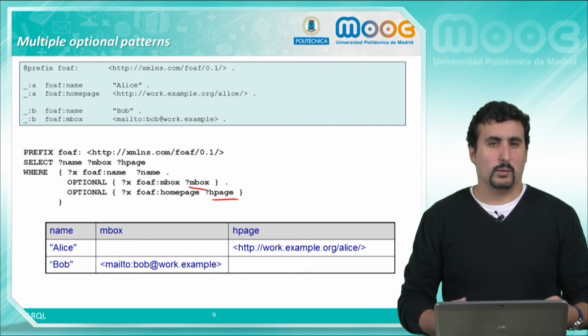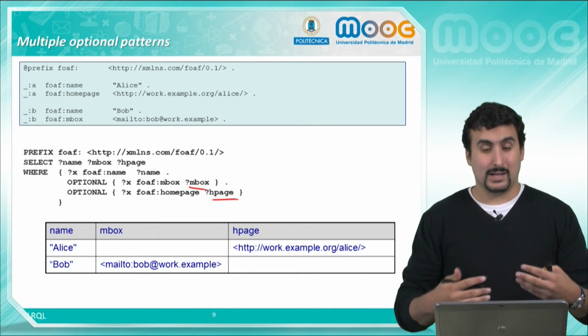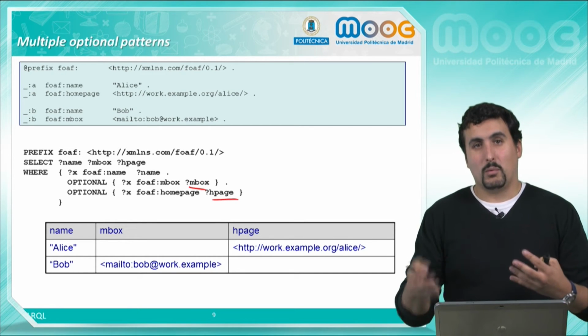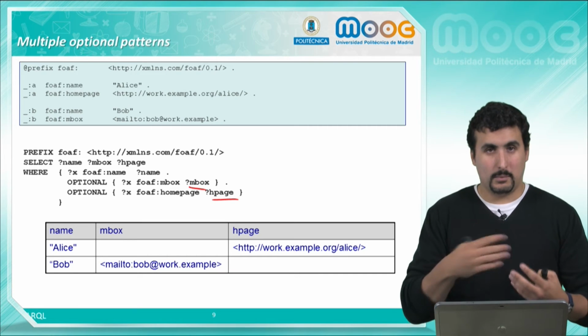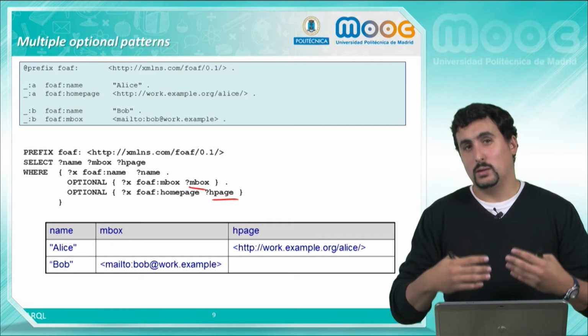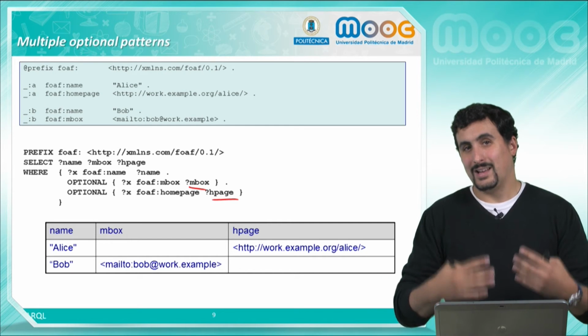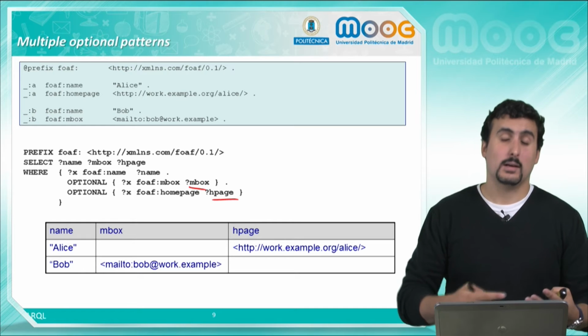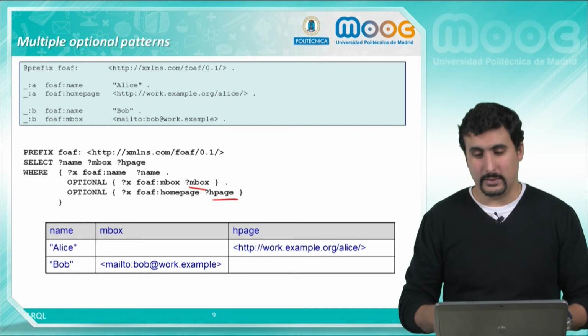We have to be careful when using multiple optionals, because every time we put an optional on a query, we are allowing more results to be matched. We are allowing more results to pass our query, which means that it will increase the volume of the results and the time required for executing the query. So the more optionals, the more complex the query is.